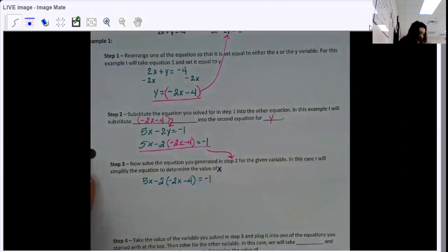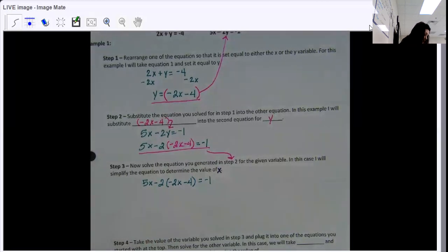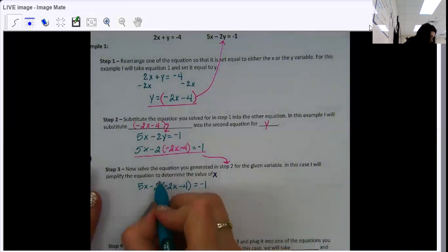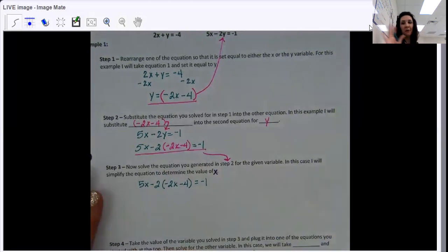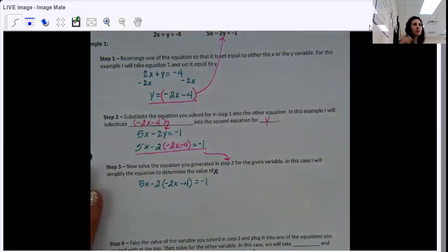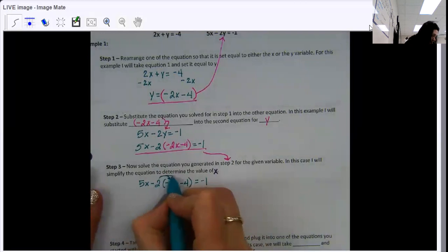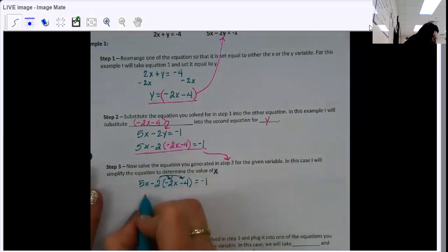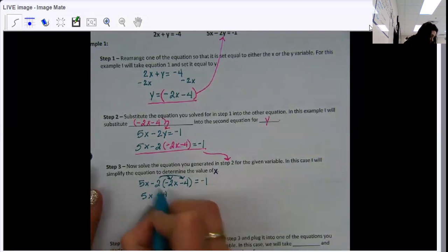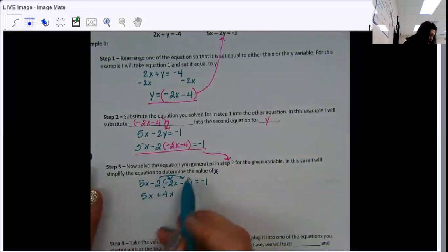All right, so the first thing you need to do is use substitution. I'm sorry, not substitution, getting all my vocab mixed up. You need to use the distributive property. So we're going to distribute the -2 to both terms inside the parentheses and just bring down this 5x. -2 times -2x is positive 4x. -2 times -4 is positive 8.